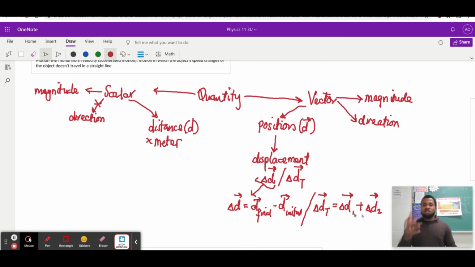And so these changes could be more depending on how many vector arrows you have in this particular case right here. So please take note of all this in terms of the association between the position and the displacement that is accounted for in this particular case.